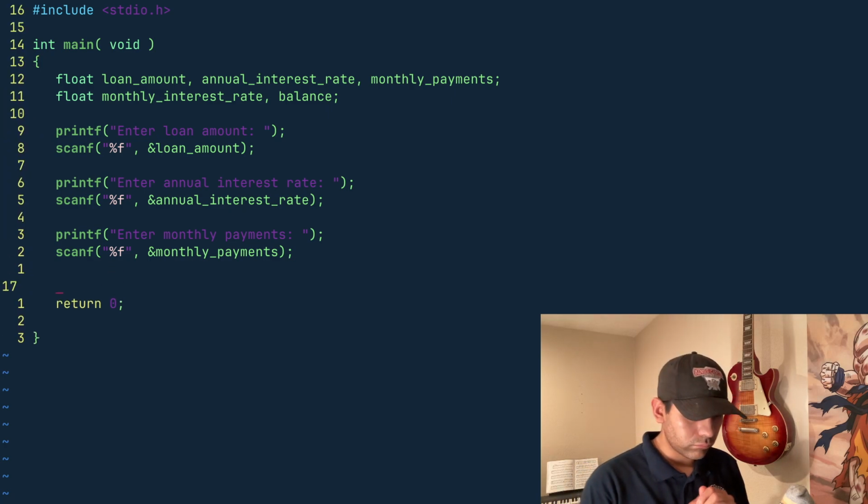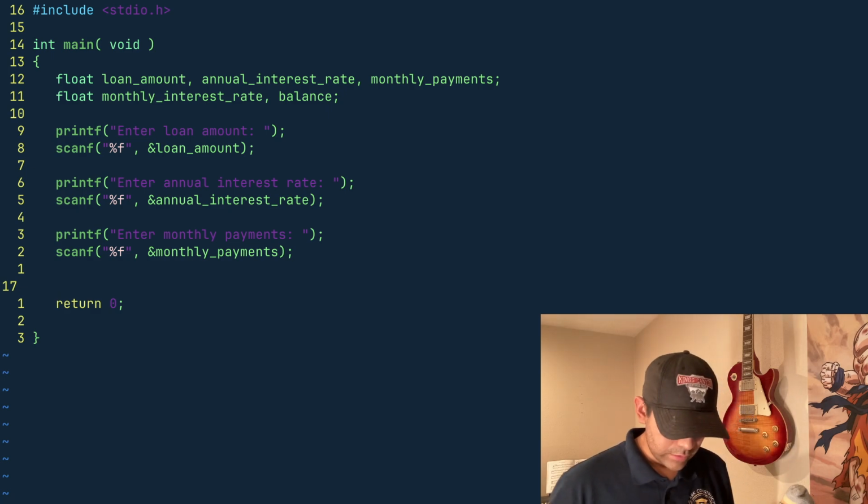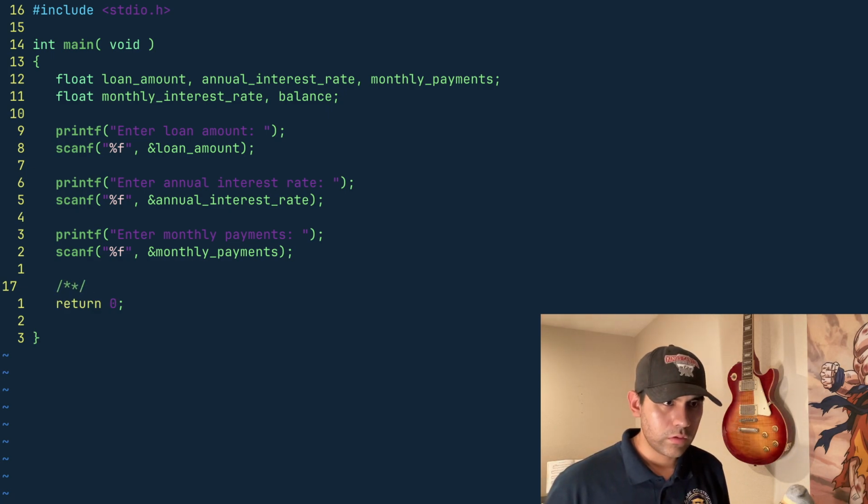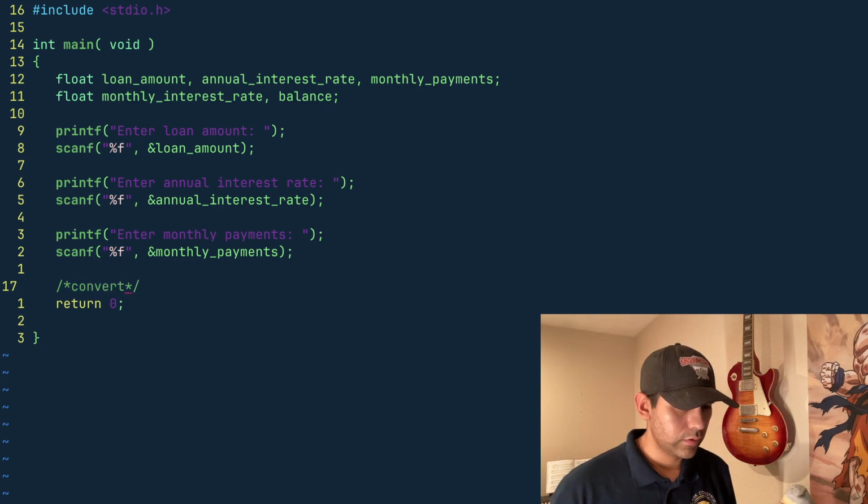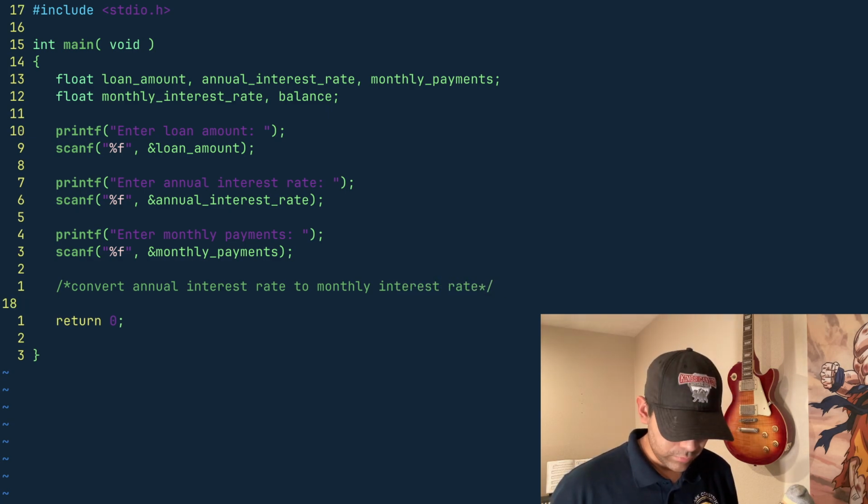Okay. Let's write a little convert annual interest rate to monthly interest rate. Why do I always spell interest that way, dude? And to do that, we do monthly.